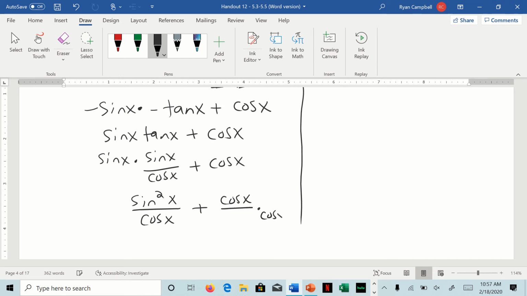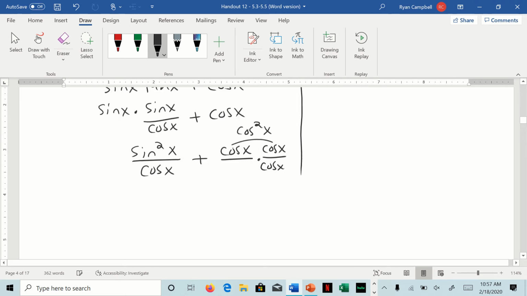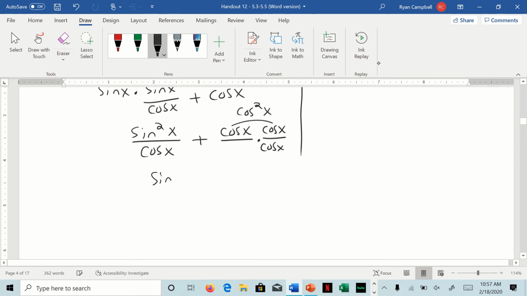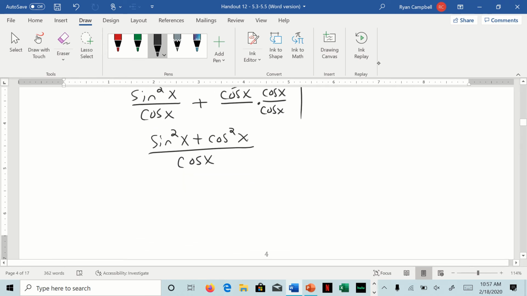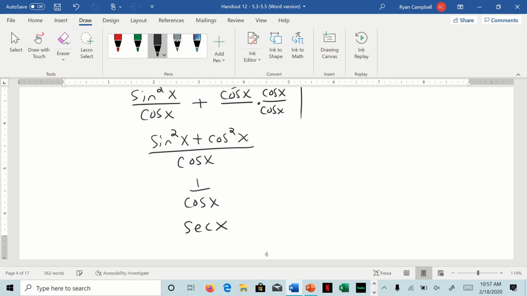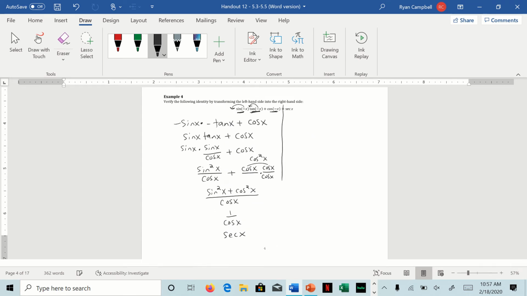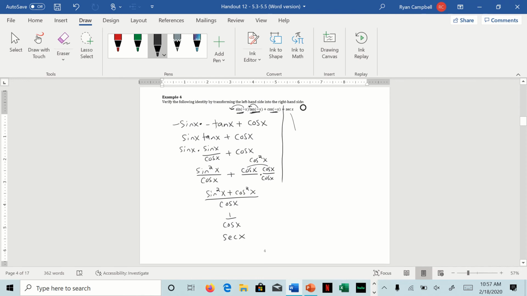Multiply by cosine over cosine. This will be cosine squared. If we add those two together, we get sine squared x plus cosine squared x over cosine x. Sine squared plus cosine squared is 1. 1 over cosine is secant. And if we look, that's what we wanted. So we're done.